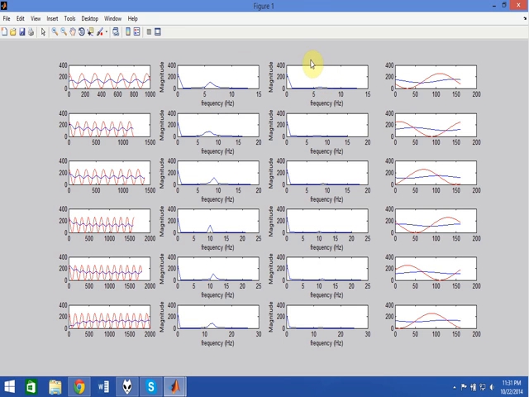The third column is the frequency response of the signal we receive, which is the blue signal down there, and they are getting smaller as you go on.